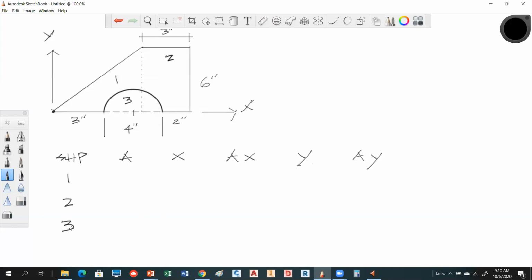What's the area of that triangle? What's the base distance on that triangle? 6. That's what I get. Everybody agree with that?